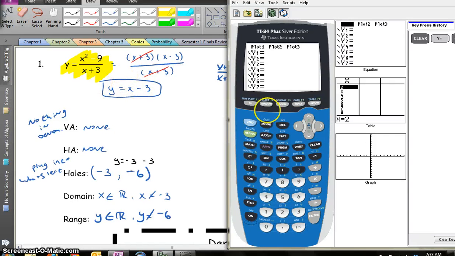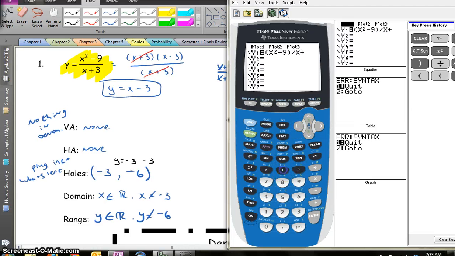This will only be a linear. So let's say I have x squared minus 9 divided by, I forgot my parentheses, let's go back, x plus 3. Then graph.